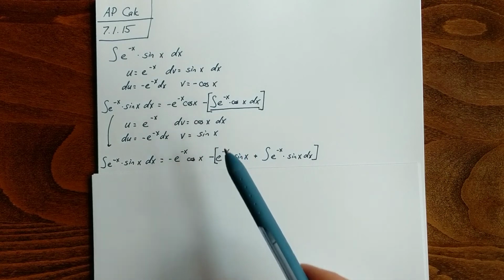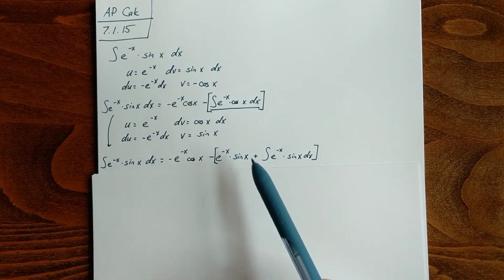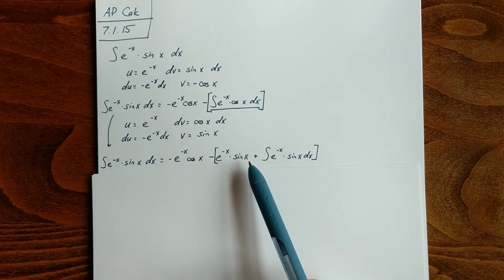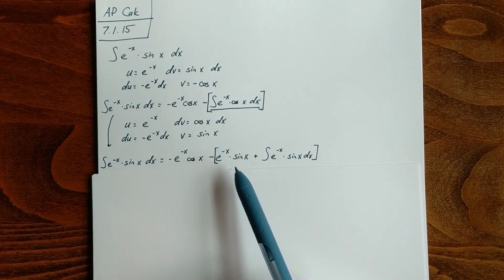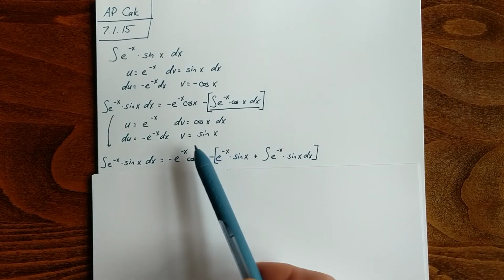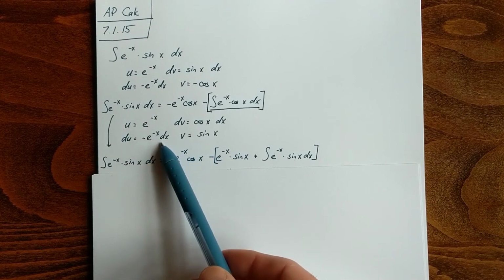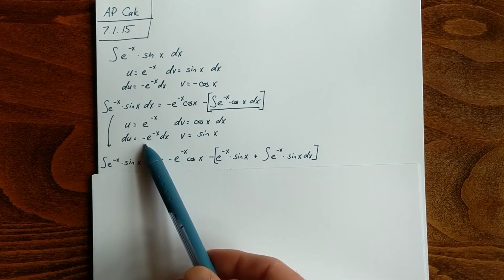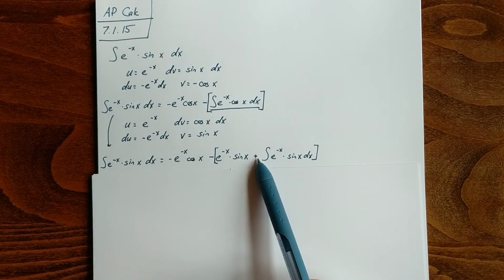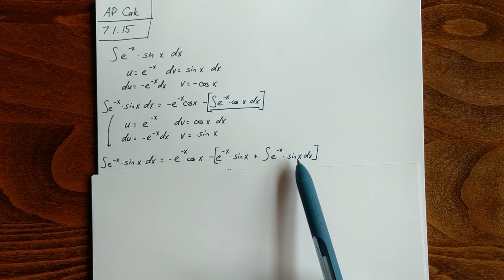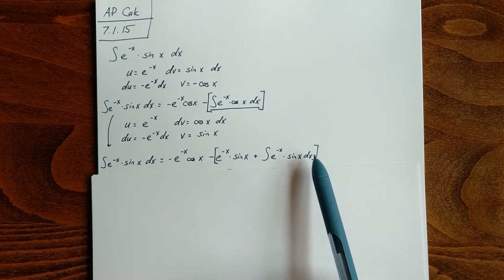So that minus sign comes right down to here, and now inside this new larger set of brackets, we have our new u times v, e to the negative x times sine of x, minus the integral of v du. Now because there's a negative in front of that e to the negative x there, we'd pull that out in front, and this minus is now going to become a plus, the integral of e to the negative x times sine of x dx.